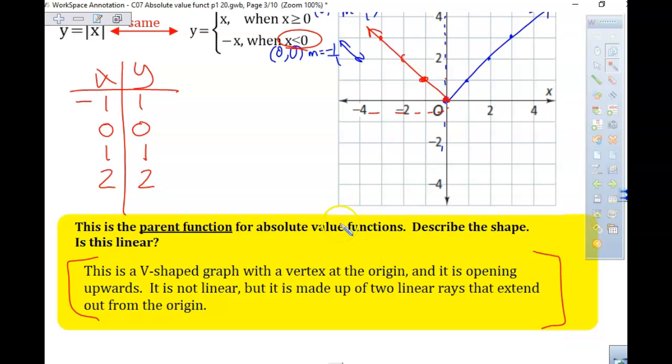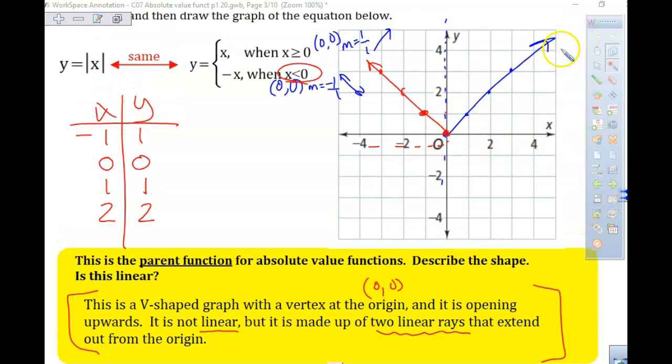The vertex is at the origin, meaning 0, 0. That's because there's nothing added here. It is going to always open upwards if it is positive. It is not linear, but the shape is made up of two linear rays. So you have one ray going off one side and one ray on the other side.